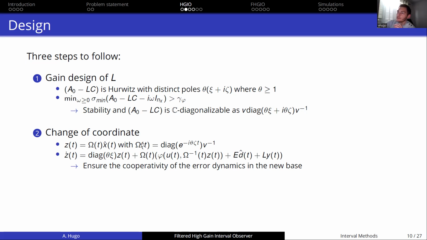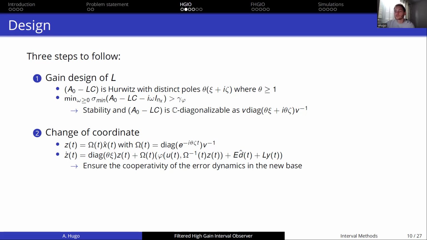The change of coordinates will be made through the operator omega, which is time varying, and it depends on the eigenparameter theta, the imaginary part of the eigenvalues, and the eigenvector b, such that when we derive the observer dynamics in the new base, we have the state matrix that is now diag of theta xi, which is by construction Hurwitz and Metzler.